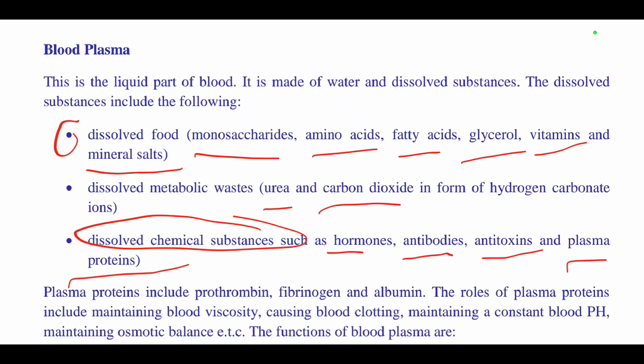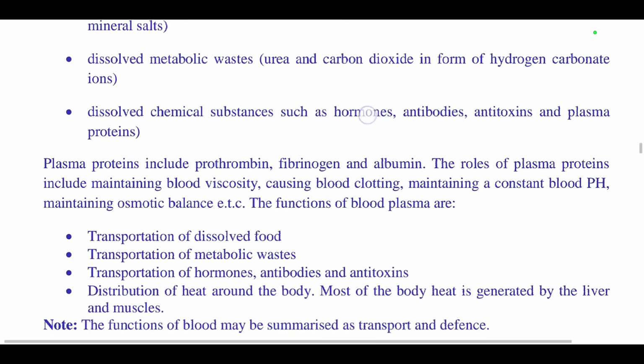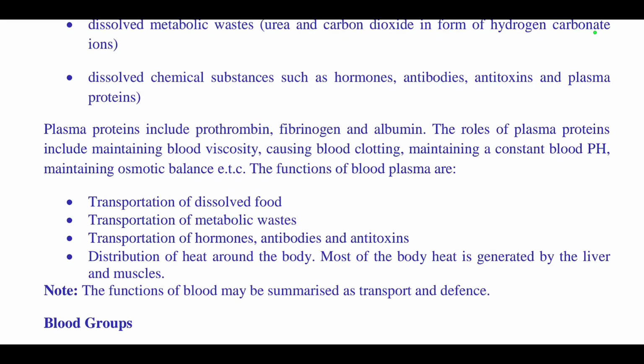Now, friends, you should know that blood plasma proteins include prothrombin, fibrinogen, and albumin. Prothrombin and fibrinogen help in the clotting of blood.